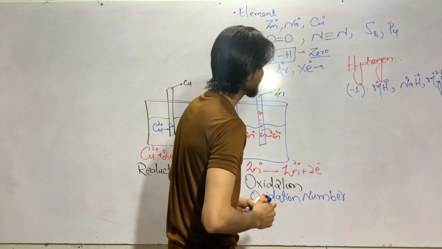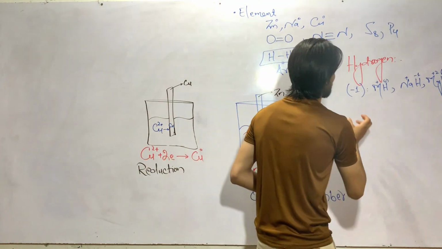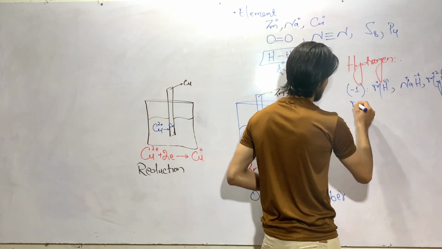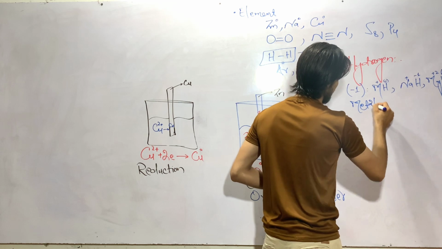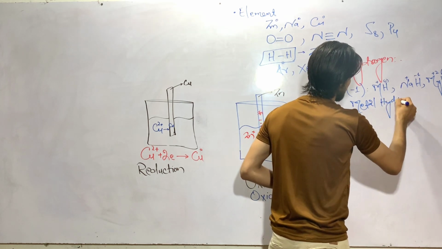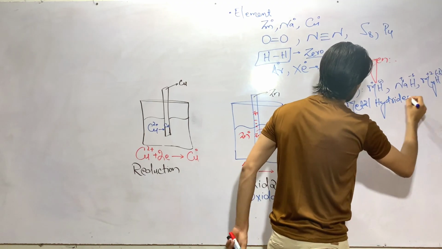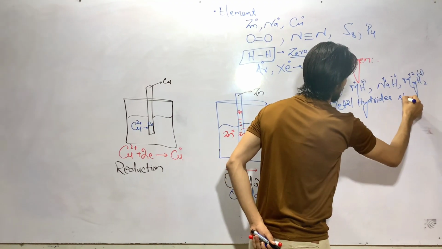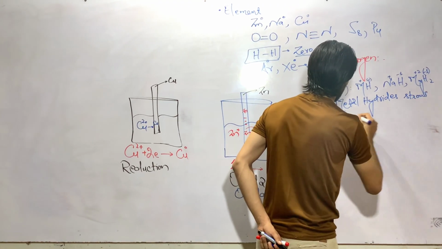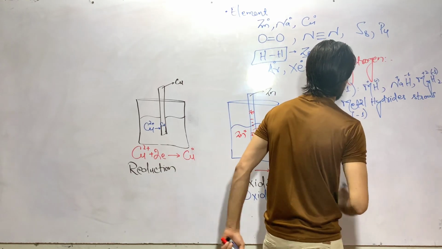So hydrogen in metal hydrides shows -1 oxidation state.